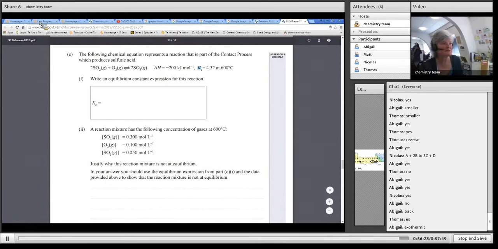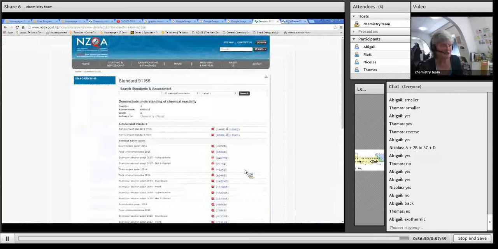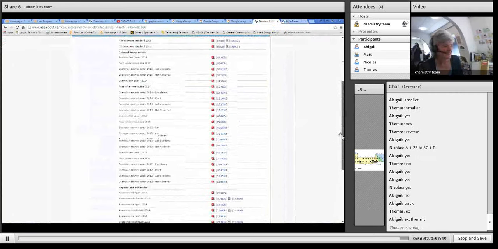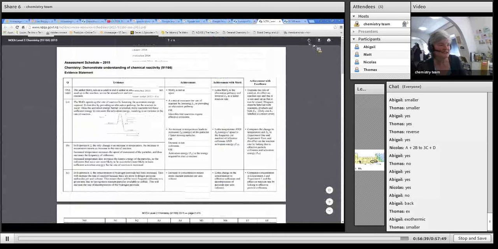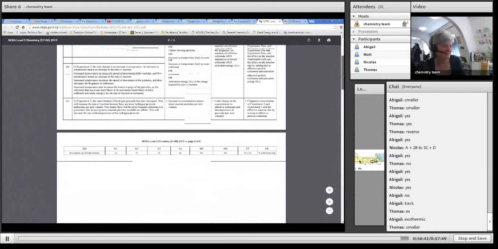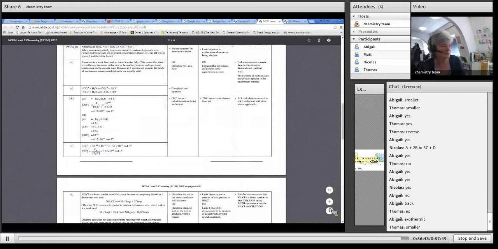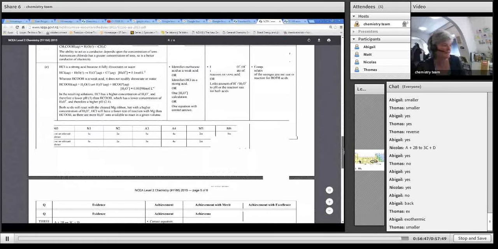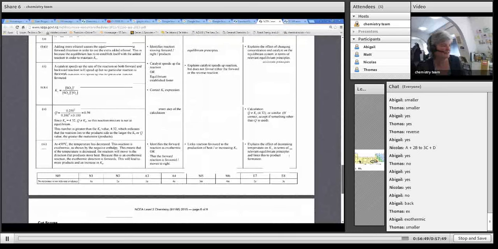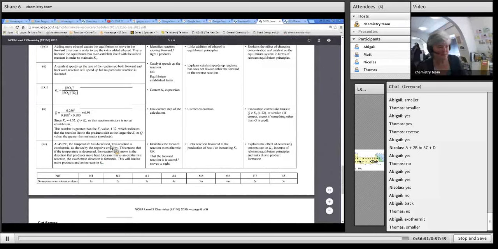So I will just be very sneaky and look at the assessment schedule. I hope all of you know where to find assessment schedules and so on. I'll just make it bigger.